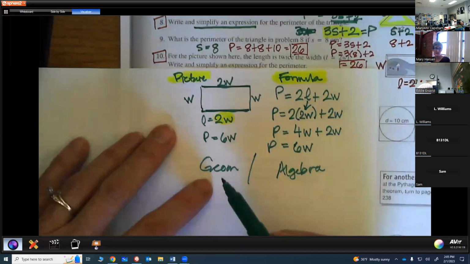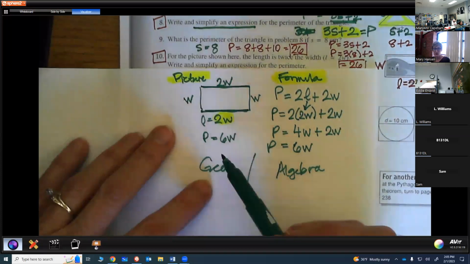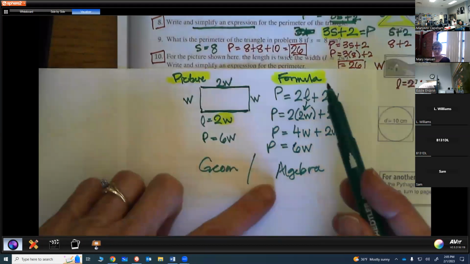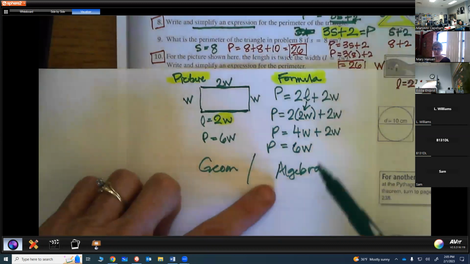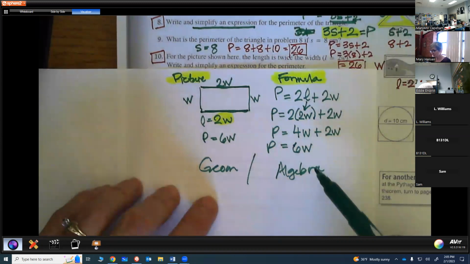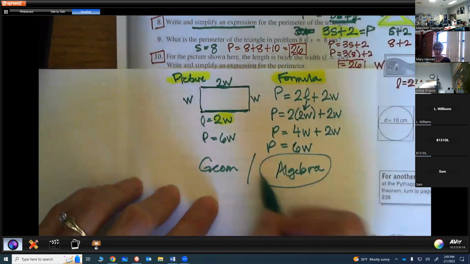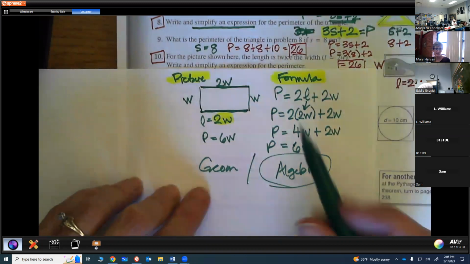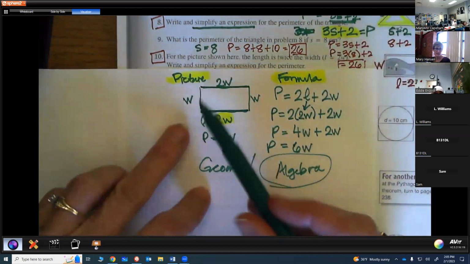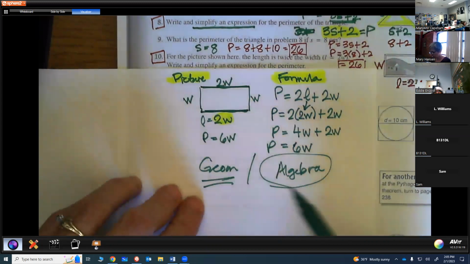In other words, does seeing the picture make more sense to you? Or does chugging through the formula make more sense to you? If you like chugging through the formula, you're probably more of an algebraic thinker. And if you like looking at the picture and visualizing it, you're probably more a geometric or a visual person.